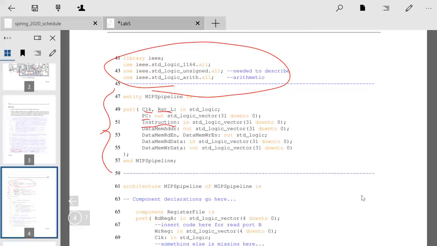Then as input to the pipeline, we have data mem read data, a 32-bit input. And we have one more output, data mem write data, a 32-bit output.